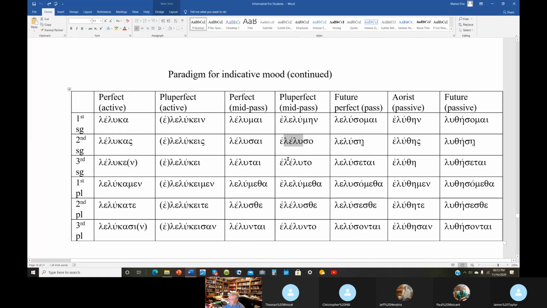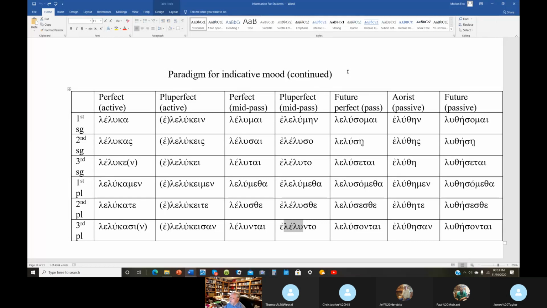So, augment with mēn, and then augment with so, and augment with to, and augment with metha, augment with sthe, and then the stem, augment with nto. It's hard for me to pronounce the nto without a vowel in front of it. Are there questions?